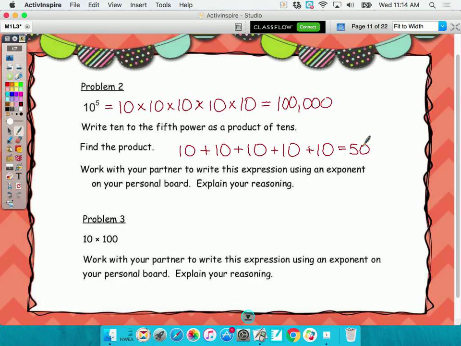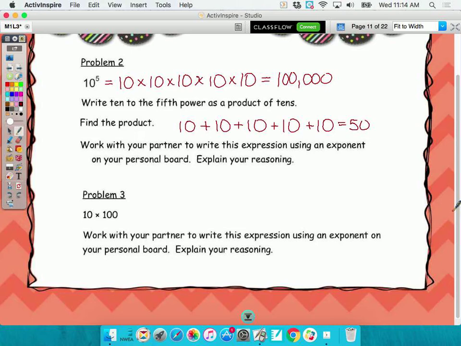Take a look at problem 3. It says, work with your partner to write this expression using an exponent on your personal board. Do you see this problem? Everybody find it?